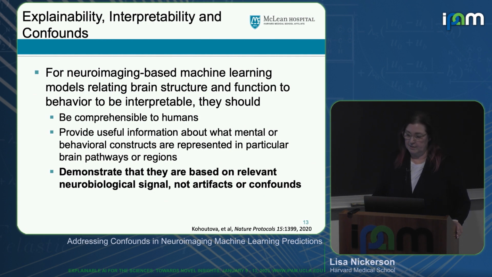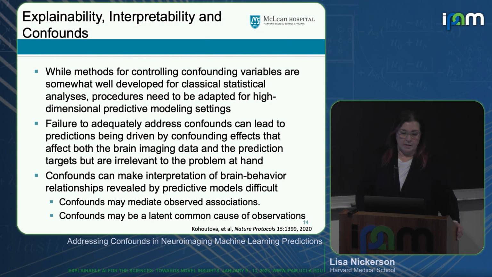Some models are neurobiologically plausible and capture important aspects of brain function, whereas the ones that capitalize on confounds to achieve high prediction or classification accuracy really just don't contribute to our understanding of the brain. While methods for controlling confounding variables are somewhat developed for classical statistical analyses, and I'm going to talk about those, they're very simple approaches that are actually in pretty widespread use. So I will cover those.